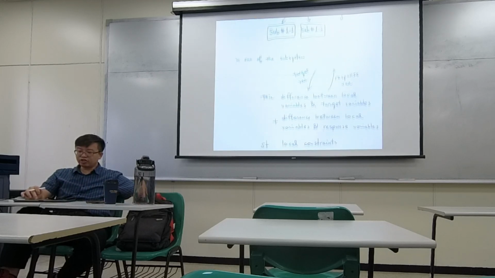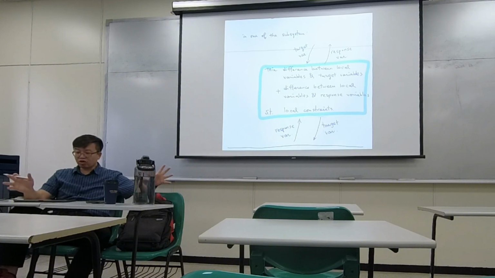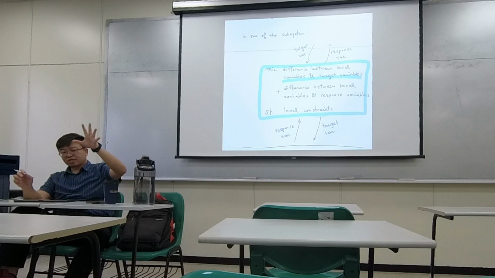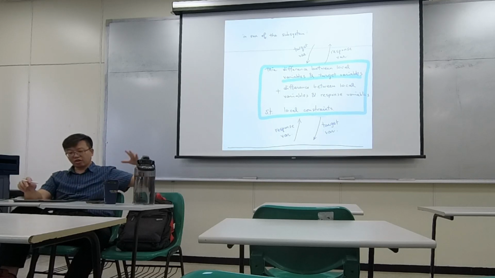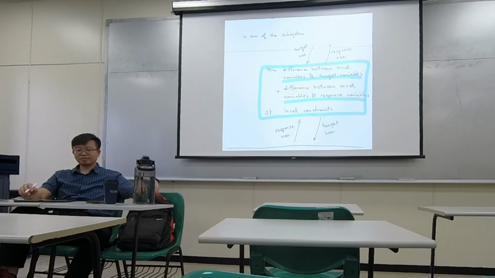And in each structure, they have their local constraints. They try to minimize the difference between the local variables and the target values, and also minimize the difference between the local variables and the response values. Okay.